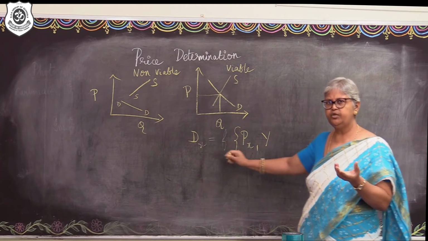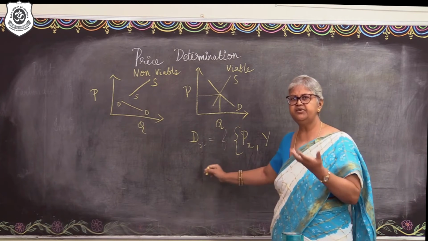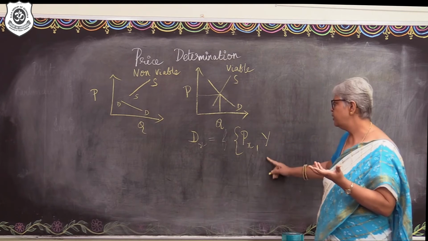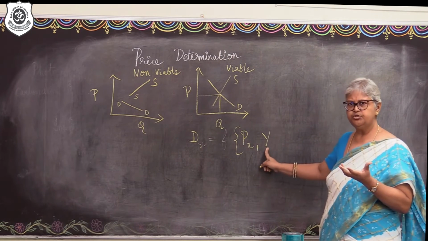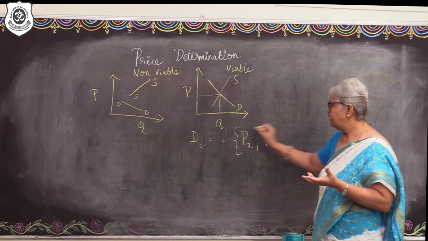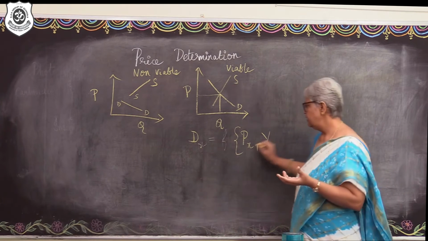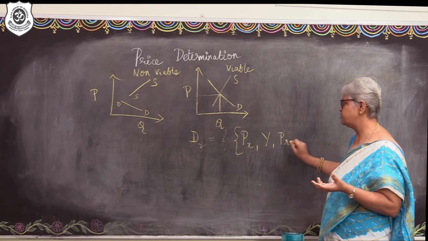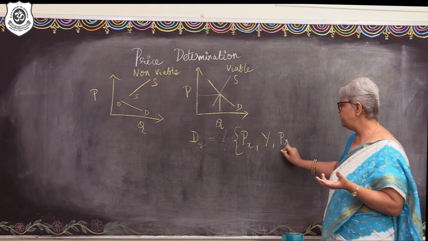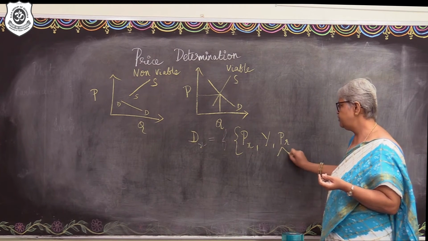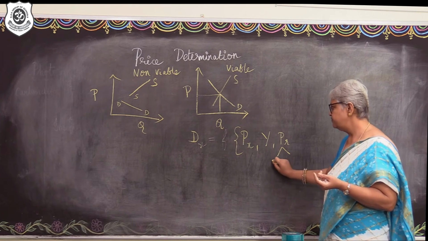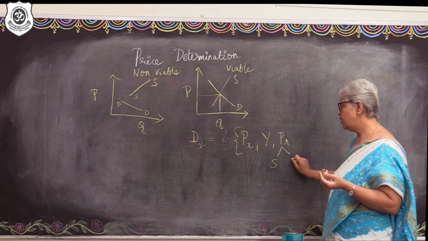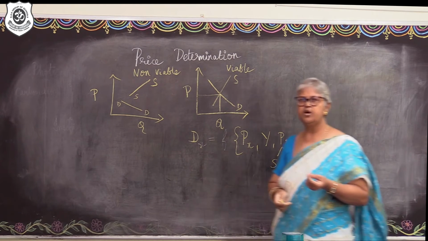In your demand chapter, you have understood this. I am merely recollecting the concept for you, right? Income of the consumer will affect the demand for the product. And then there is the price of related products. The relationship can be that of substitute products or complement products.